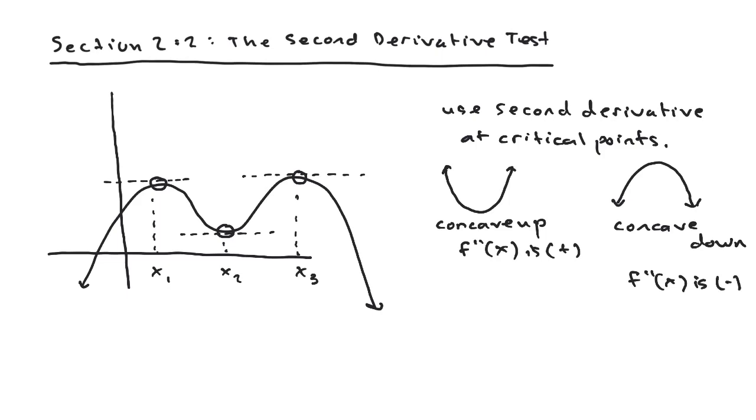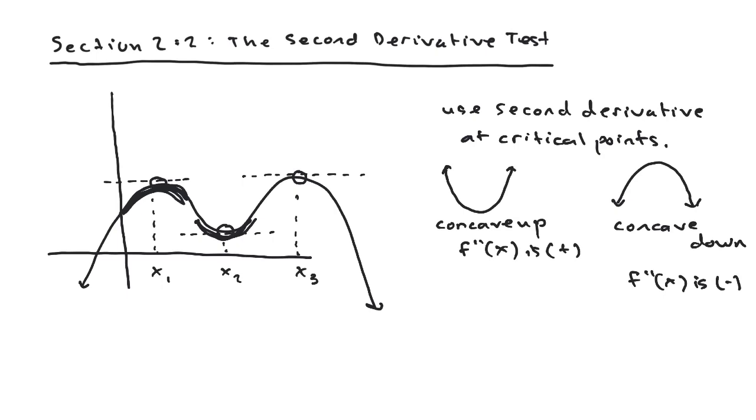Basically we're going to find the critical points, and in a situation like this over here, if we're at a critical point and our graph is concave down, then that means we're at a relative maximum. And over here, if we're at a critical point and our graph is concave up, or the second derivative is positive, we're at a relative minimum.